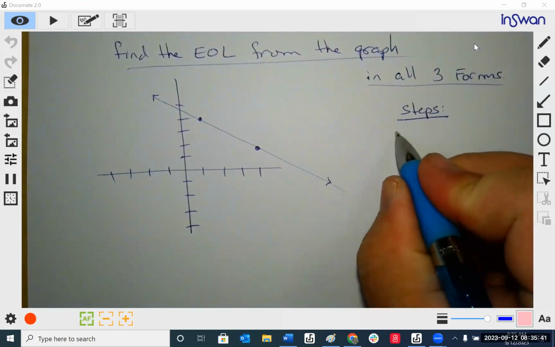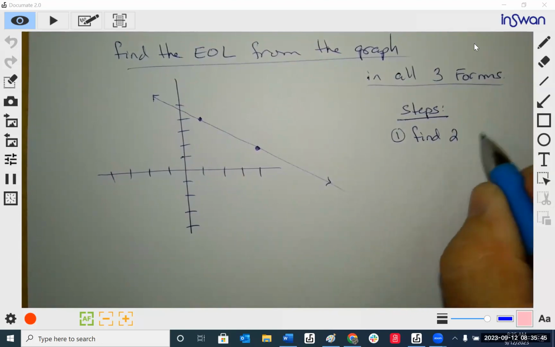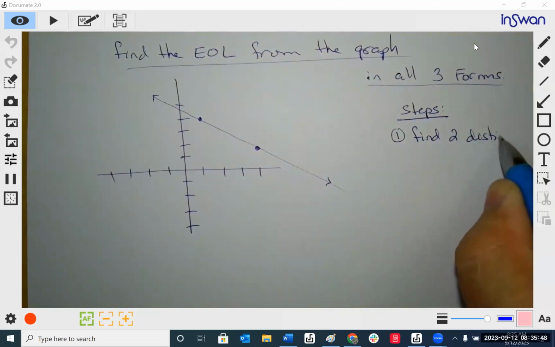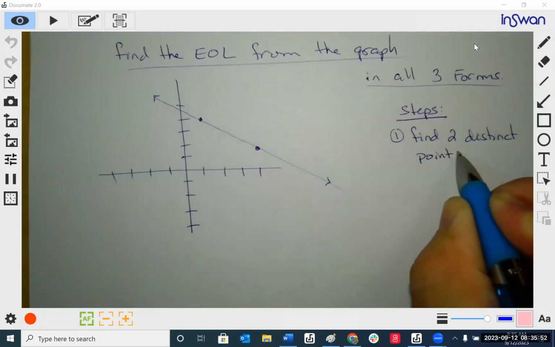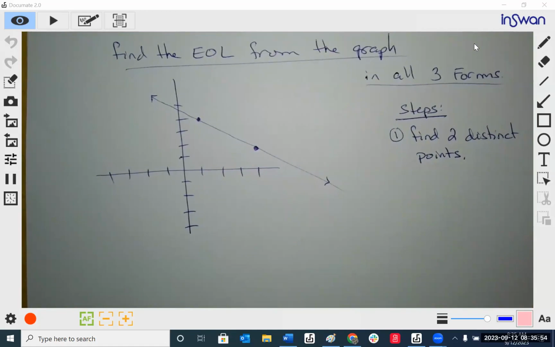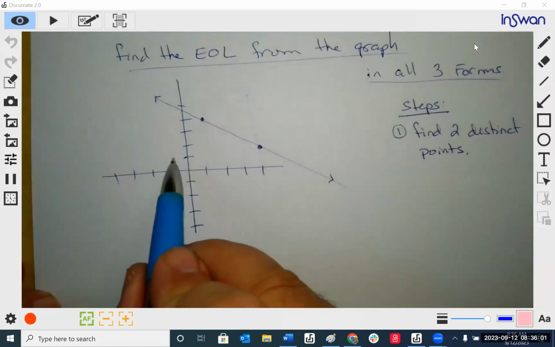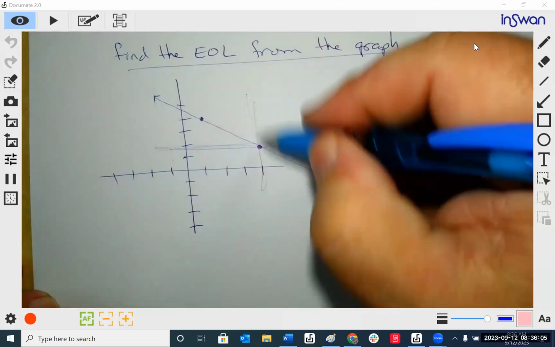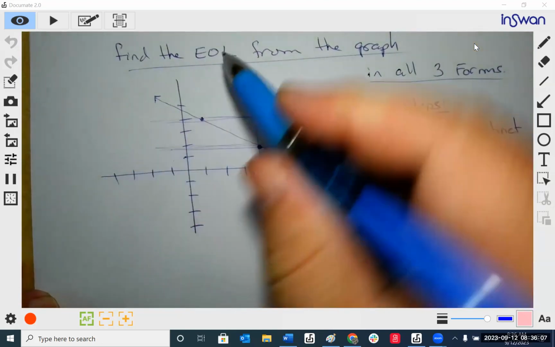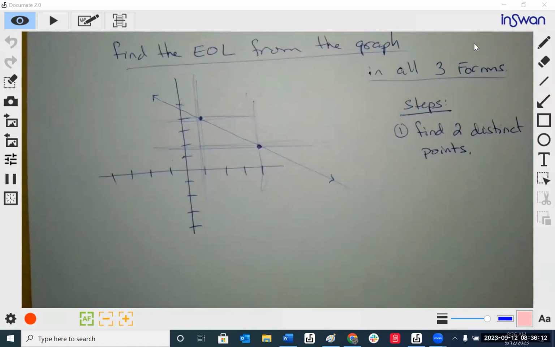Excellent. Find 2 distinct points. What I mean by distinct is dots that are exactly at where 2 numbers intersect, or 2 lines intersect.